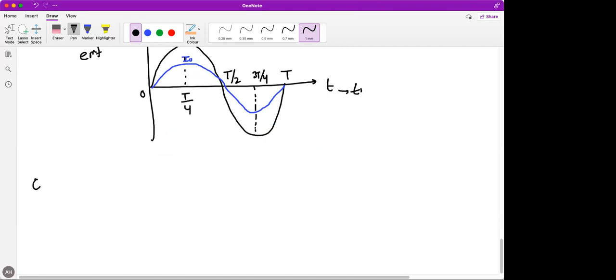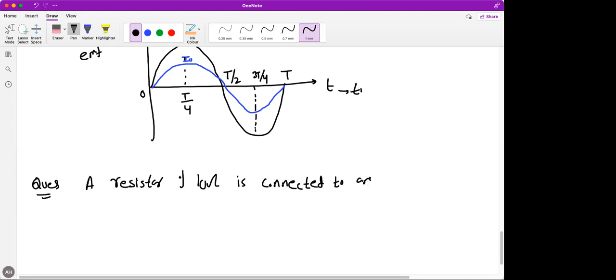Okay, let's solve this question. A resistor of 10 ohm is connected to an AC supply, and the AC supply E is 20 sine 314 t volt.